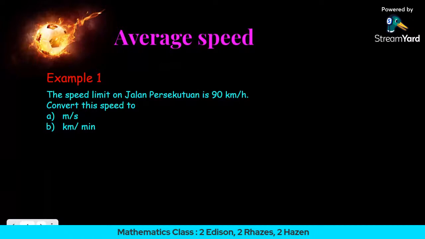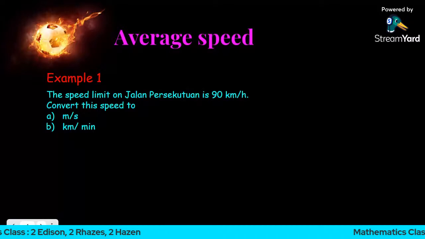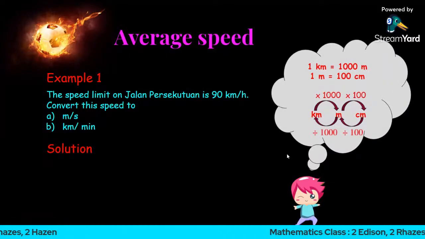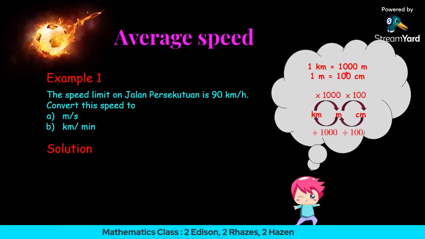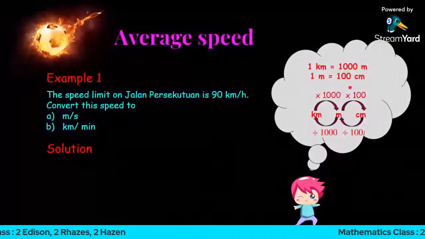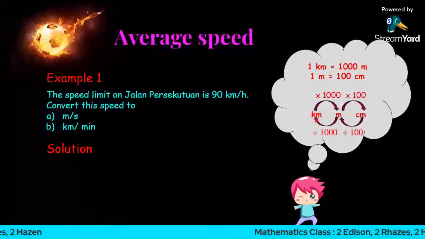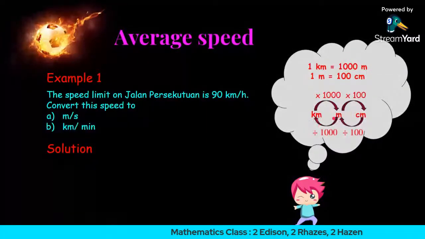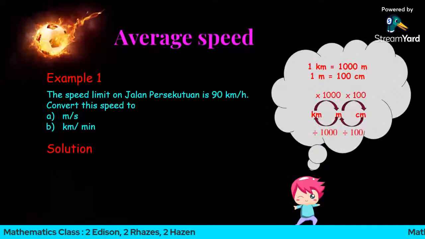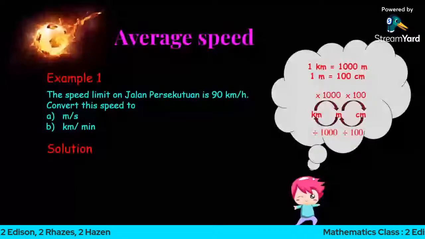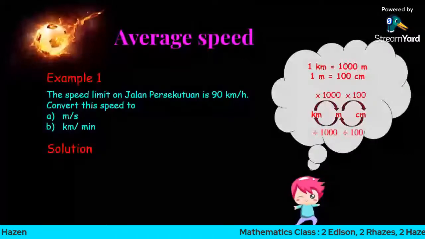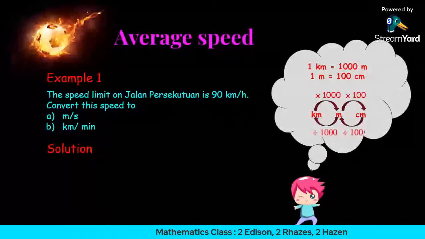Let's recall what you already learned before about the conversion of units. 1 kilometer is equal to 1000 meter and 1 meter equals 100 centimeter. If you convert from kilometer to meter, you times 1000.